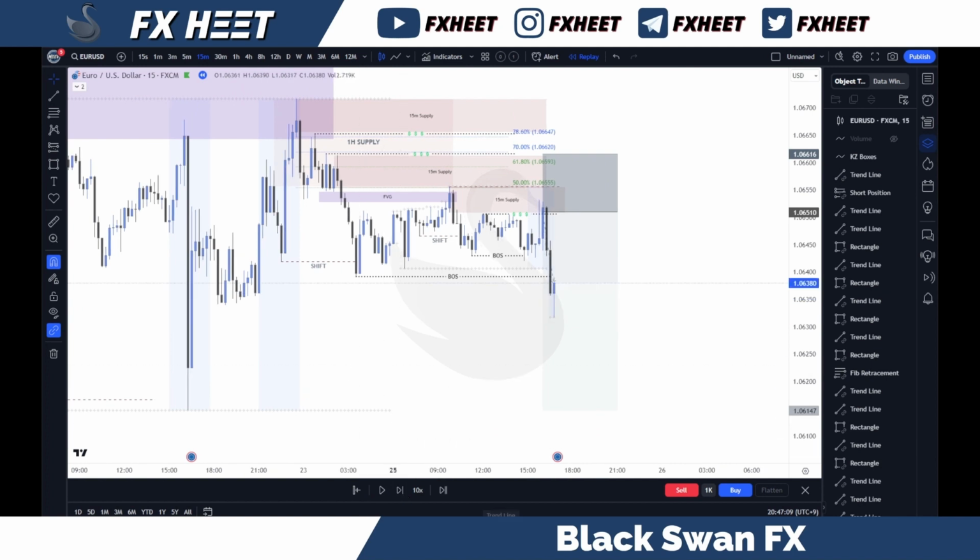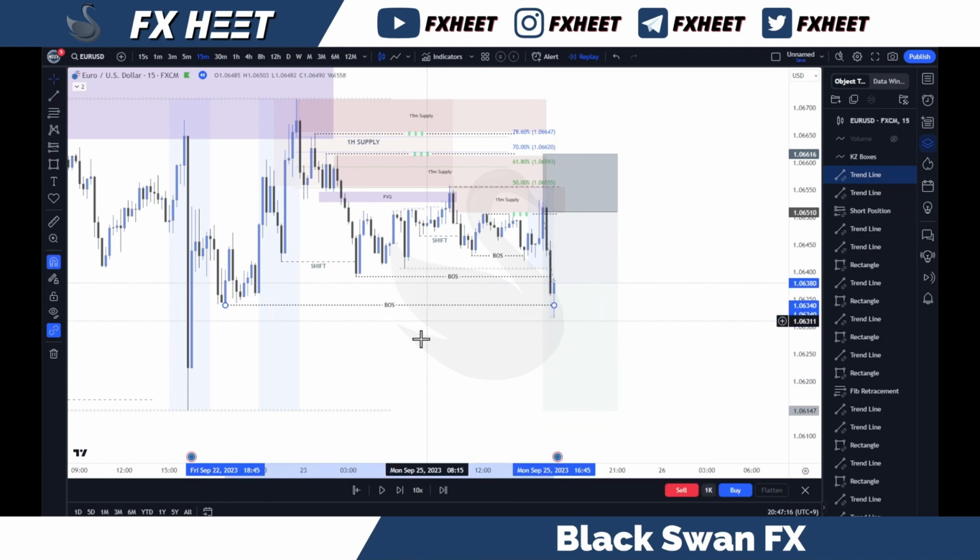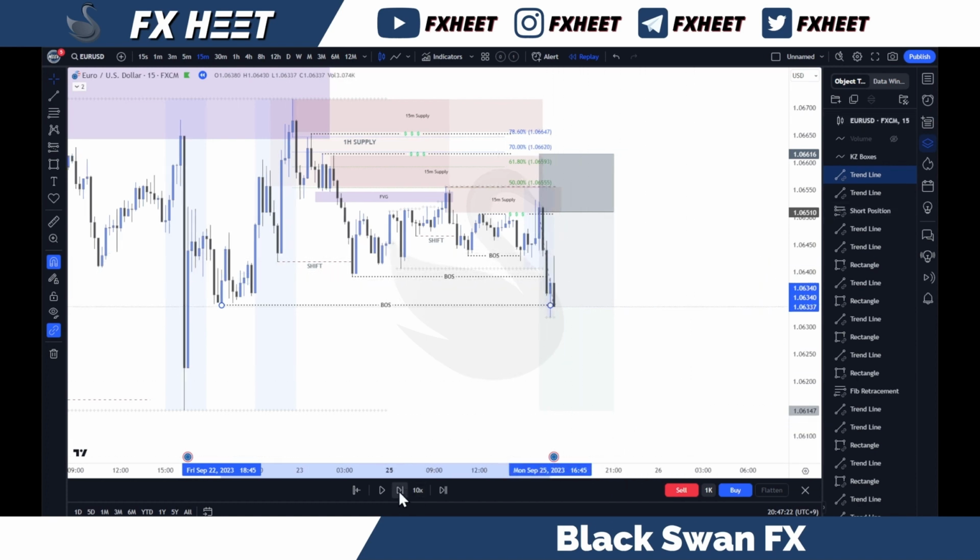Broke this area now. So after breaking this, we're having a slight pullback. There's inefficiency above. So you can see it created a 15-minute fair value gap, filled it, and now coming down.